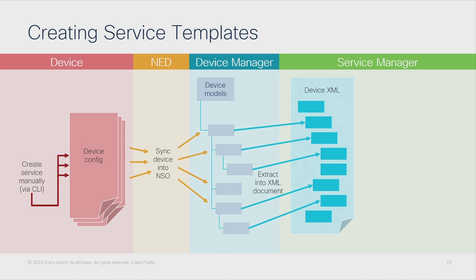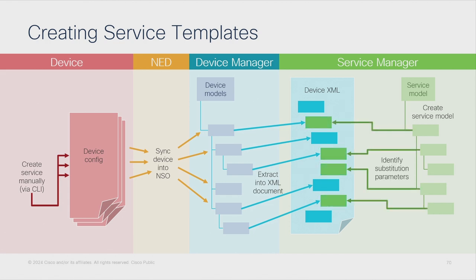And then from that XML document, this is sort of an iterative process, I suppose. You'll look through that, identify the parameters you're interested in, and create a service model from there. And then you'll update the XML document with the parameter substitution to give you the template. And this is what we're going to do. I'm going to do a demo to create one of these and show how it works.